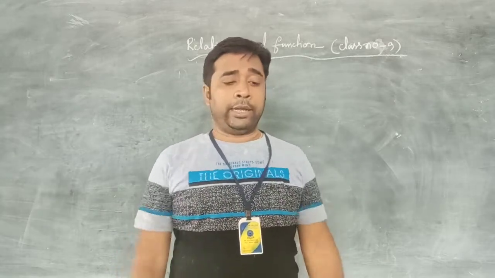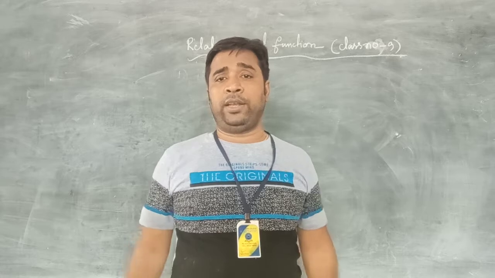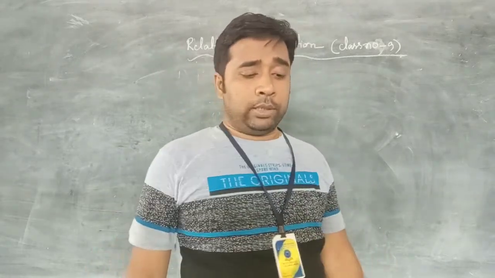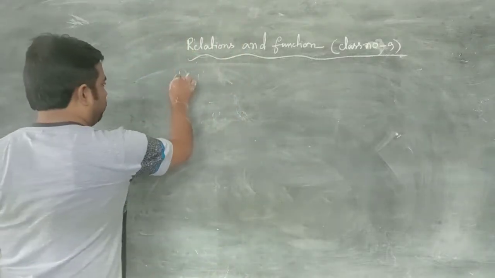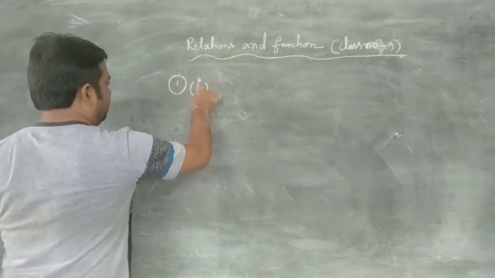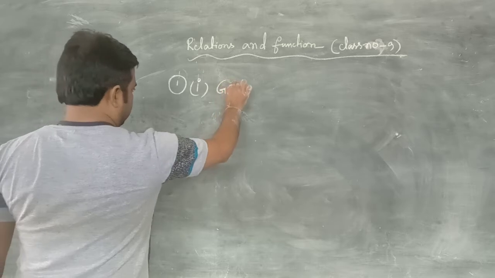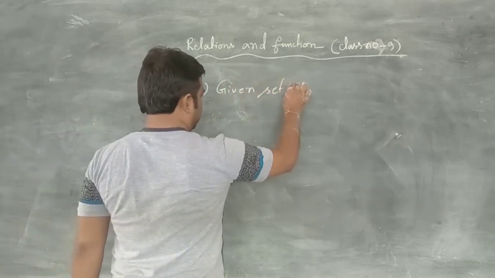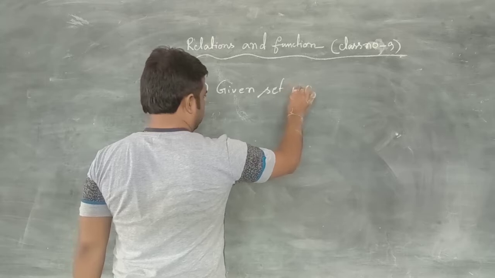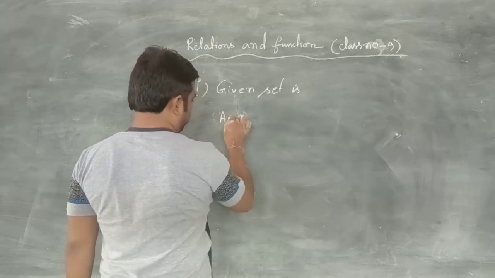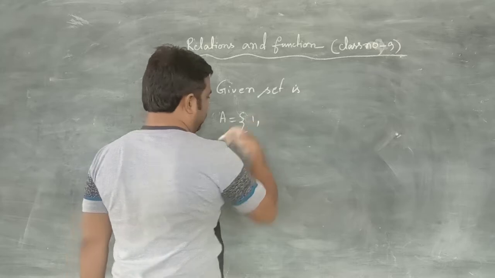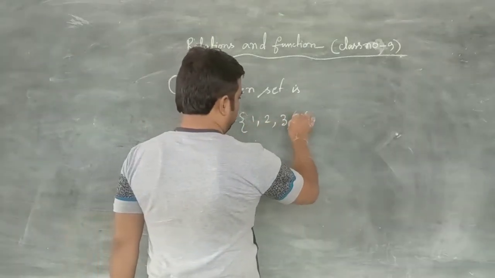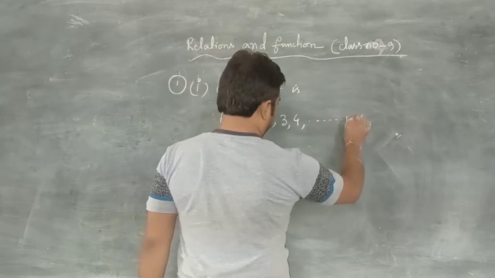Here the set is given and the relation is also given. So let us start to solve question number 1. What is given? The set is A equal to {1, 2, 3, 4} and lastly 40.